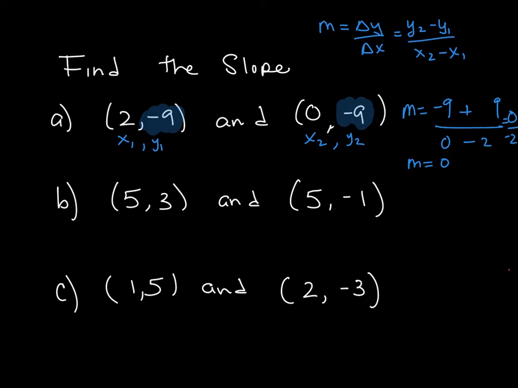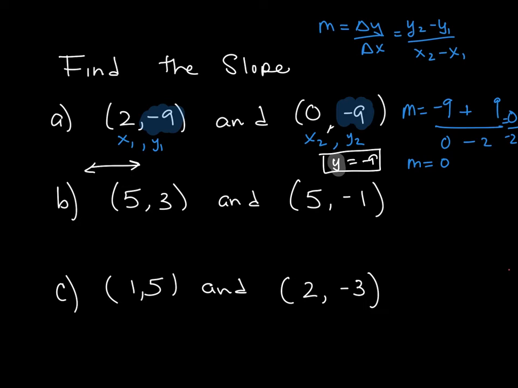So that means this is an equation where all of the y values are the same. So I also know the equation of this line is y is equal to -9. And a y equal line is a flat slope. It's always going to be a horizontal line.